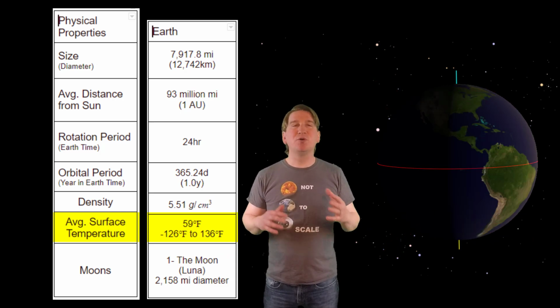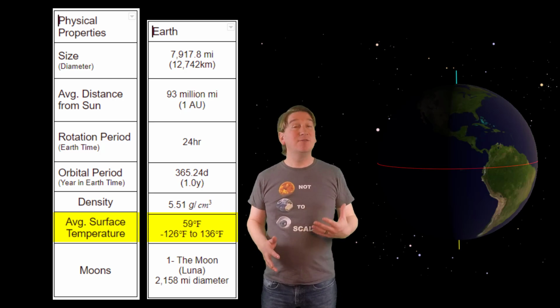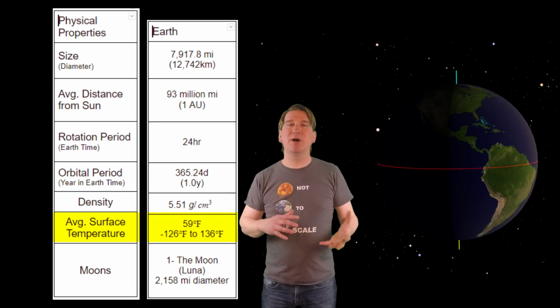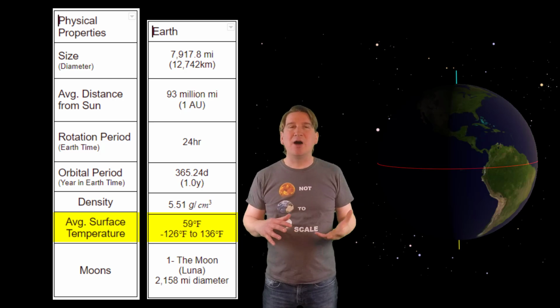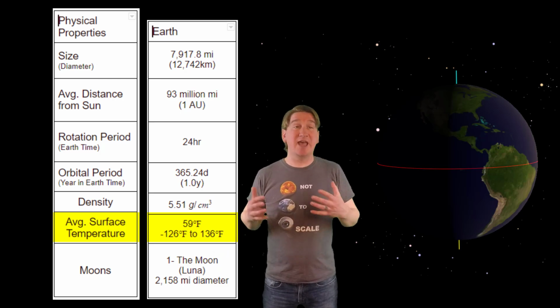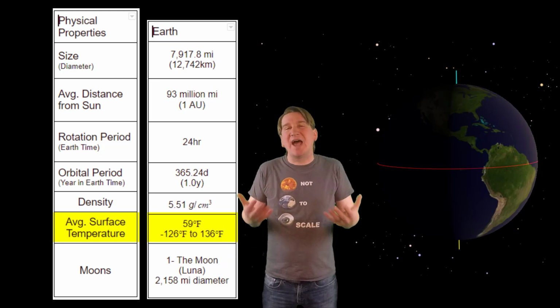If we take multiple temperature measurements from around the world at any given time and find their average by adding them all together and dividing by the number of temperatures we measured, it will usually come out around 59 degrees Fahrenheit. We all know that it's not 59 degrees everywhere on the Earth all the time. That is just the average.